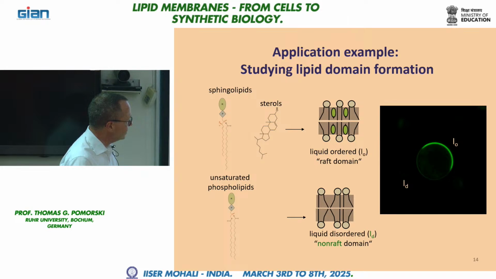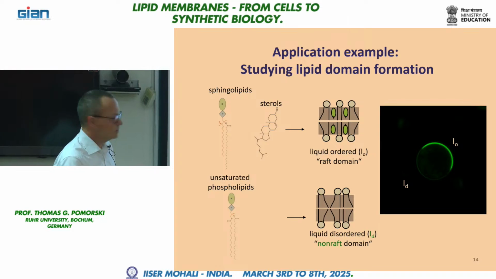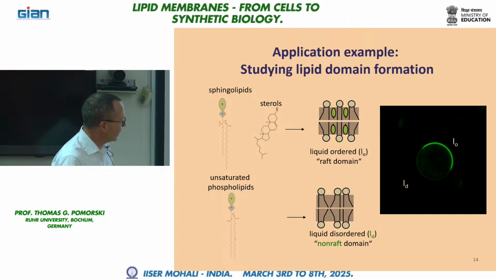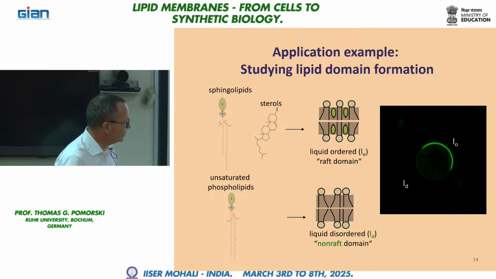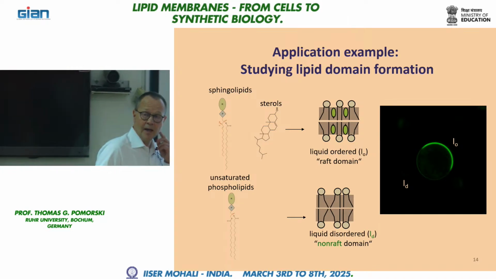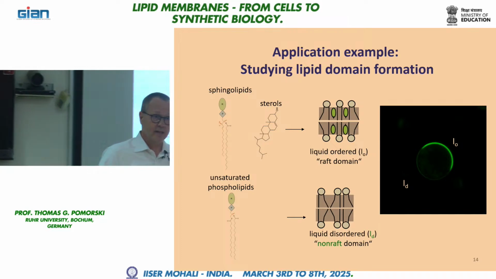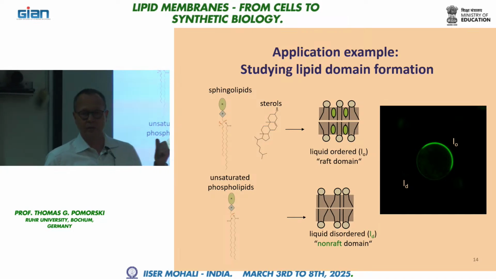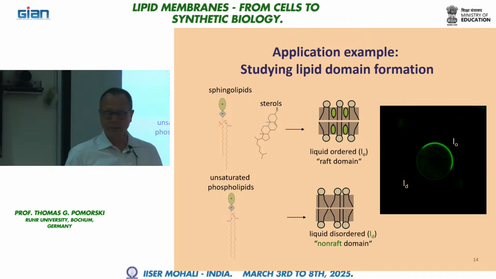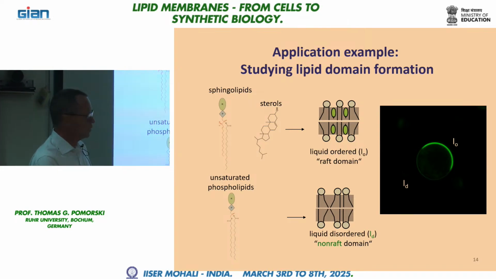So if you now add a fluorophore which loves this area, it will accumulate here, and you see it in this nice staining. So that is a very stable domain formation. In the real cell, such domain formations are very rare in this extreme, because this is a long-living domain. You can see it after days still under the microscope.